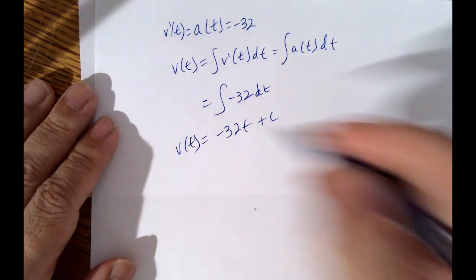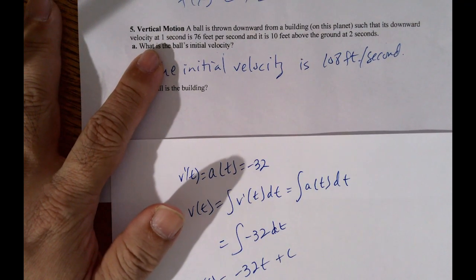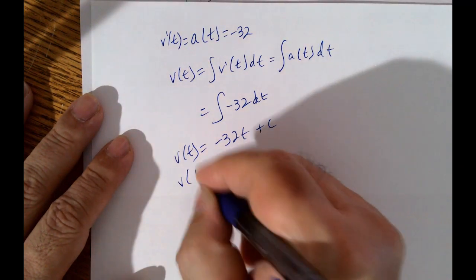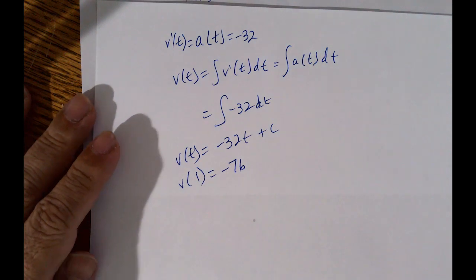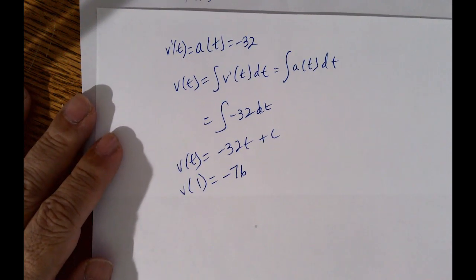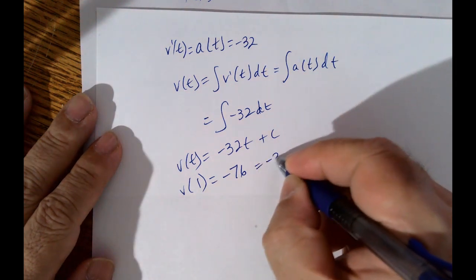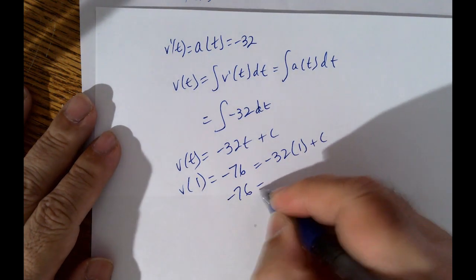And it says here we have a velocity at 1 second of 76 feet per second, going downwards. So v of 1 equals negative 76. Very easy mistake to make that a positive. So that means this is negative 32 times 1 plus c, so negative 76 equals negative 32 plus c.